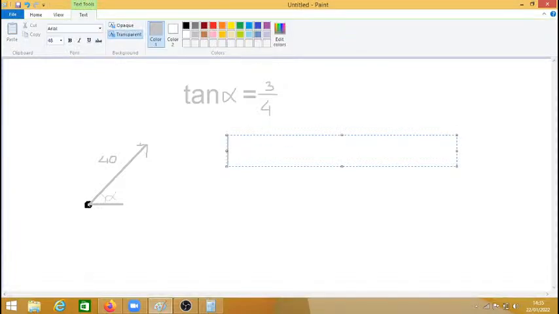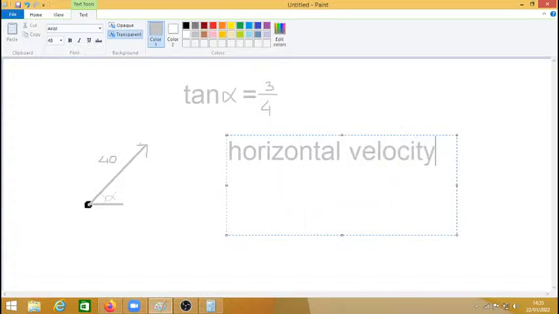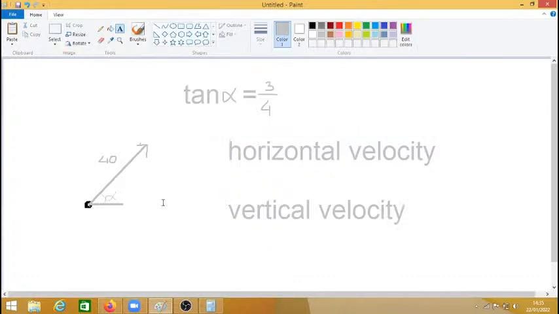Work out the horizontal component of the velocity and the vertical component of the velocity, and then express it as a vector.